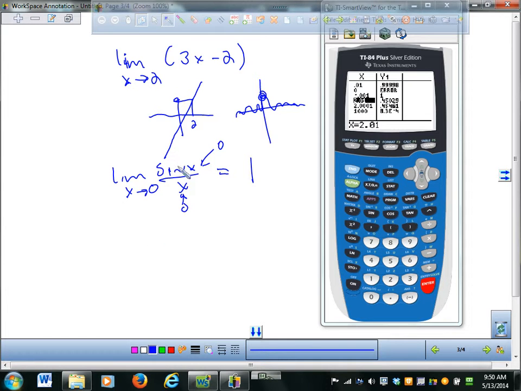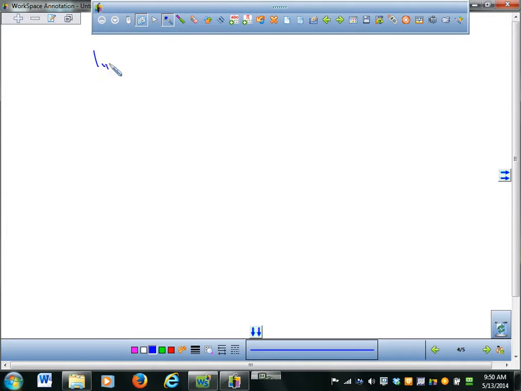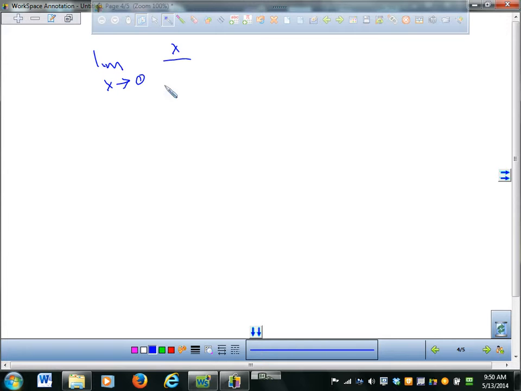Same thing for this. Say I have, I was going to do this example anyway. What's the limit as x goes to 0 of x over the square root of x plus 1 minus 1? Like that.